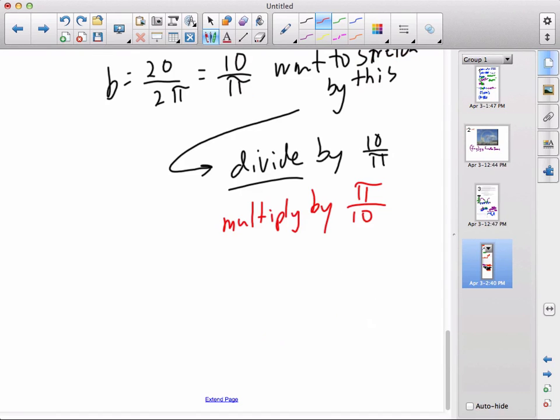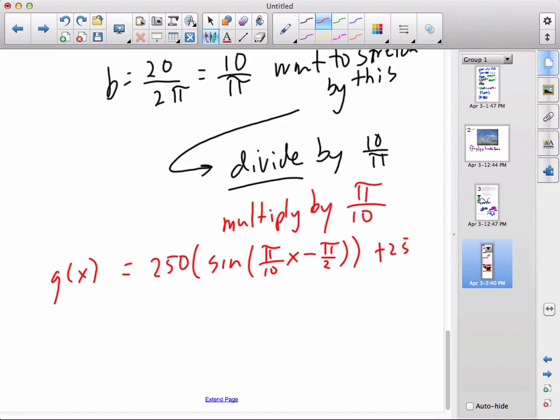So theoretically now we should have the new f of x, we'll call it g of x, equal to 250 times sine of pi over 10 times x minus pi over 2, plus 250. Let's see how that worked.